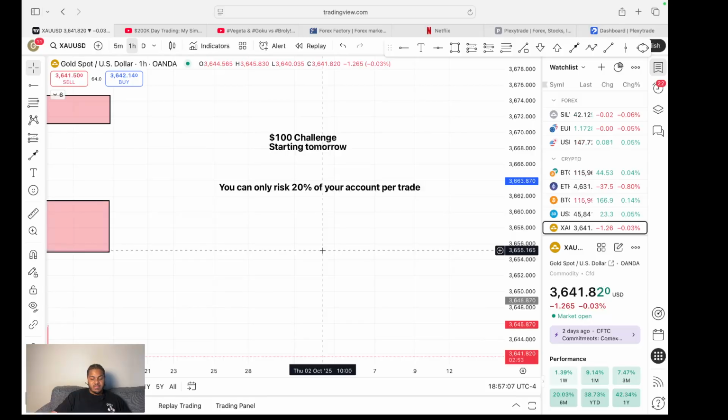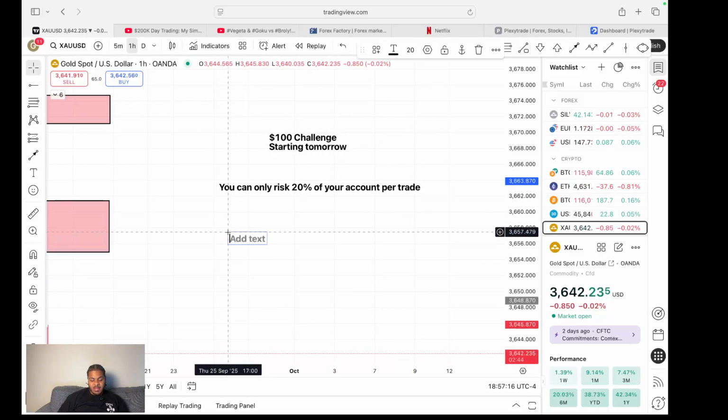That is ridiculous. Let me see something that's realistic. I think realistically, you can take 10% of your account, which is $10, divide that by 10, it's $1. Or divide that by 5, $2.